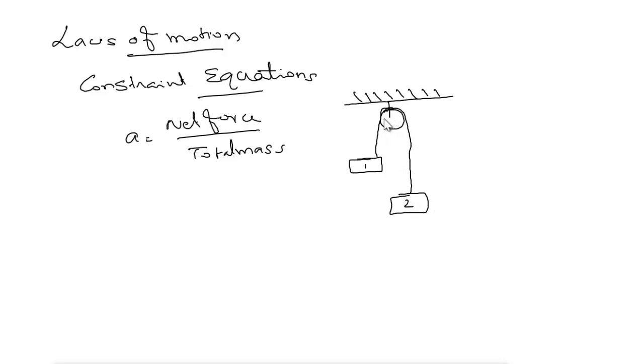From the fixed end, I am considering the displacement of the first and second masses. The displacement from the fixed end to the first mass is x1, and to the second mass is x2.